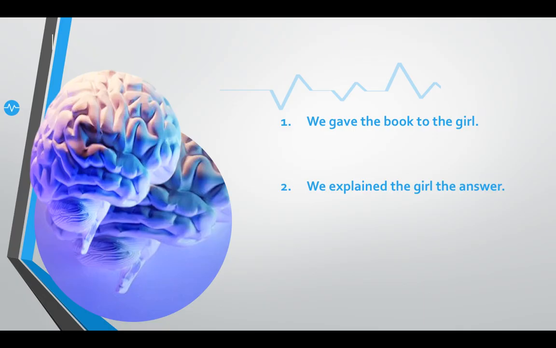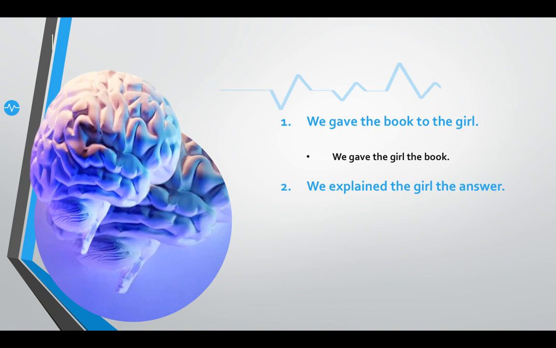Before I explain anything, I want you to look at these two sentences. Tell me which one is grammatically correct. So now let me show you another version of those sentences. We gave the book to the girl.